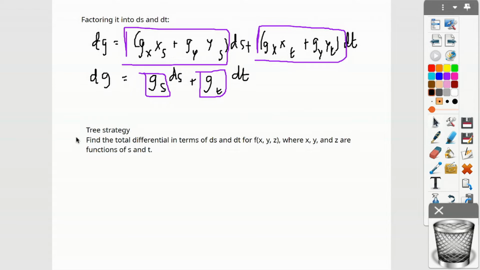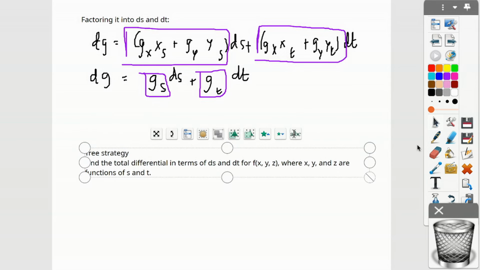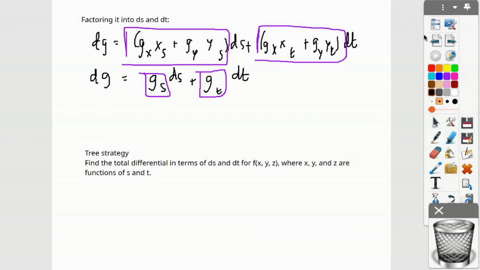So tree strategy. I have tree strategy down here. Don't think you guys know what that means, but this is what it means. Let's say we have a function g, and g is a function of x and y. x and y are both functions of s and t. So this is what we can draw. We can draw a tree, right?